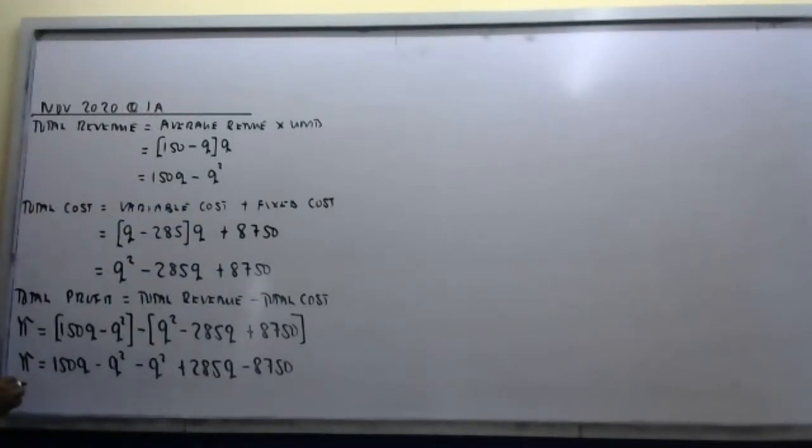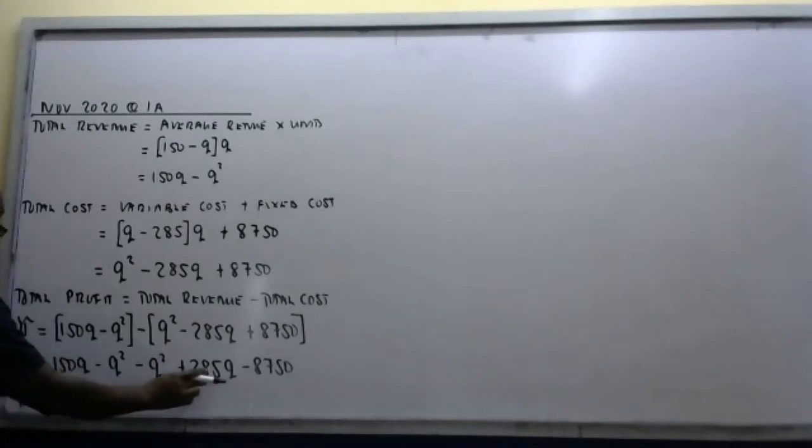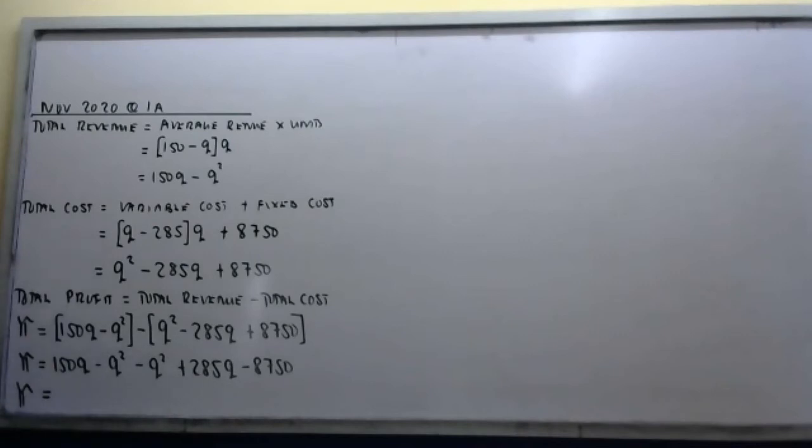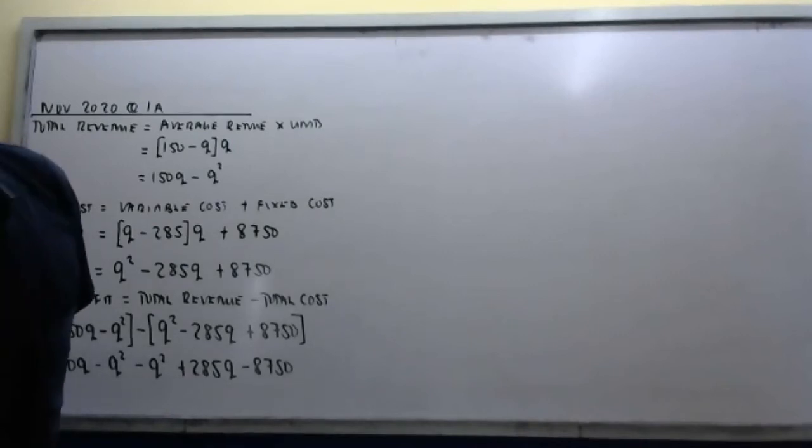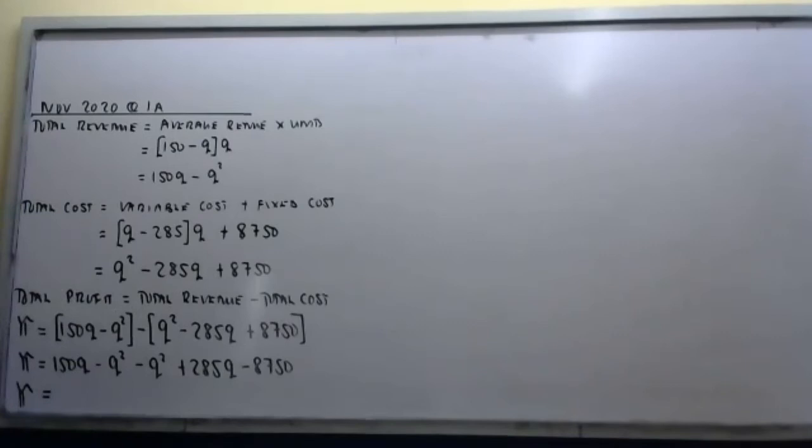So this one becomes 150 plus this one. If you take your calc, you will find that it is 150 plus 285, which gets 435. So 435Q.